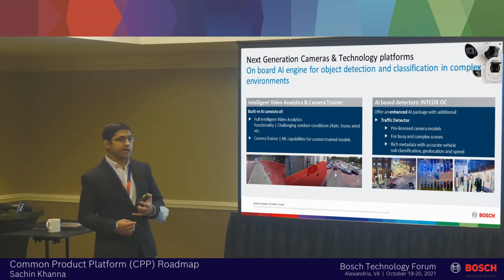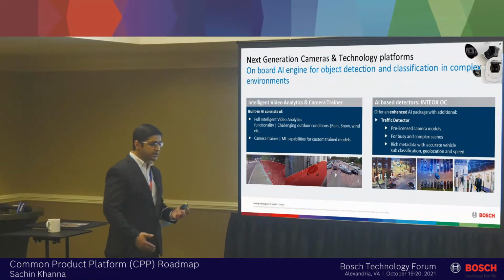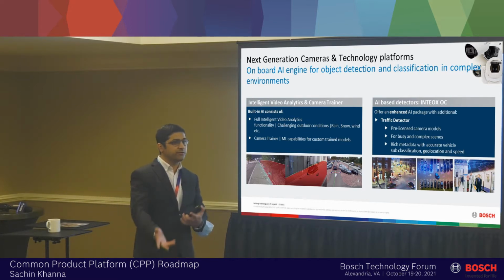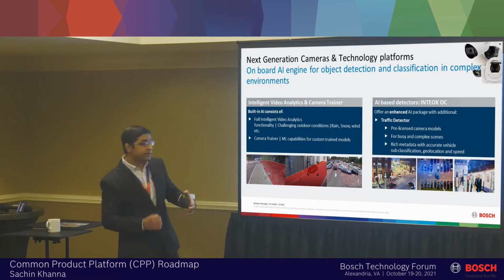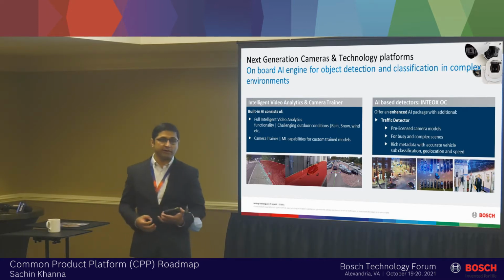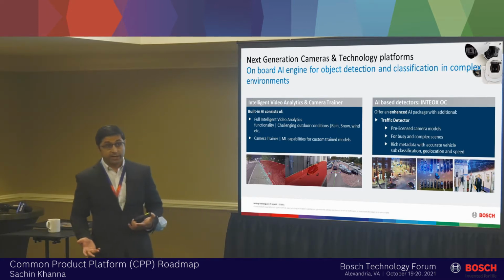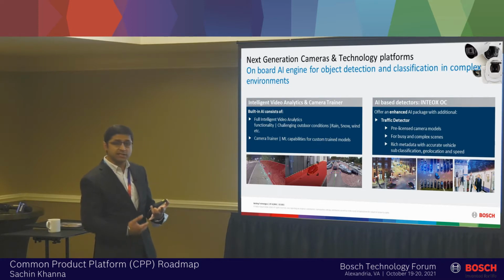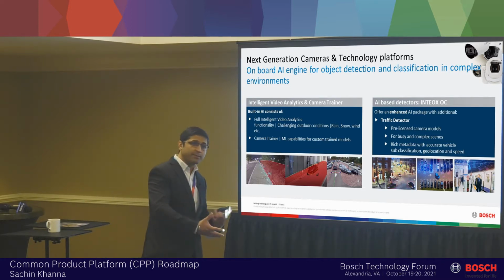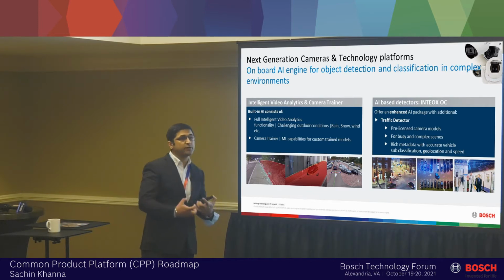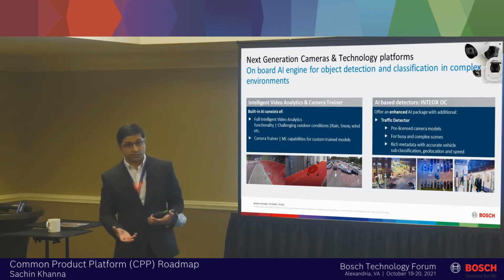If you are looking for an application where you want intrusion detection, to see if somebody is trying to cross your fence or something like that, our Intelligent Video Analytics, or IVA, is very robust. It is reliable against environmental challenges like rain, snow, wind and camera shaking.